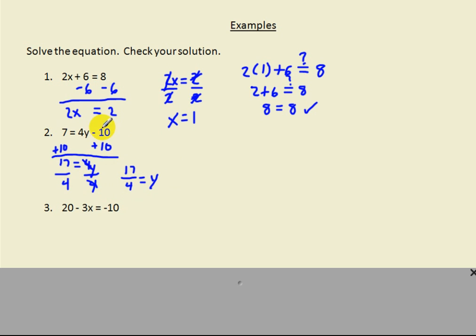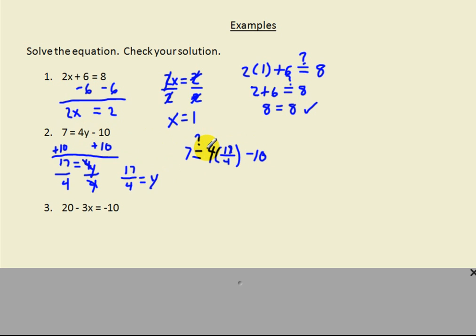Now take that value and substitute it back into the original equation. So we have 7, and we want to know, does that equal 4 times 17 fourths minus 10? Okay, so that's a 7 here.